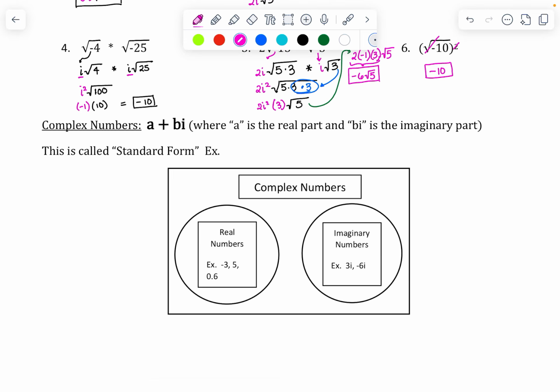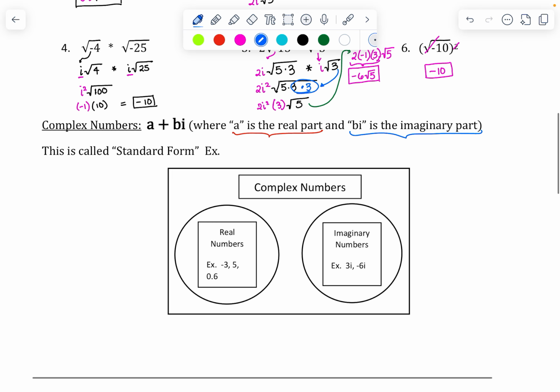Complex numbers. Complex numbers are when you take a real number and combine it with an imaginary number. There's a standard form for it. That standard form is your real number plus or minus, because it could be minus, your imaginary number.